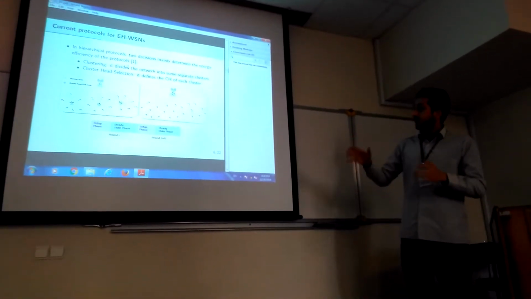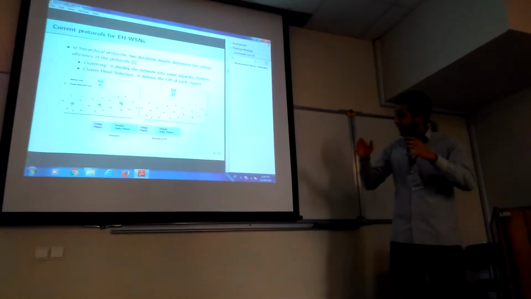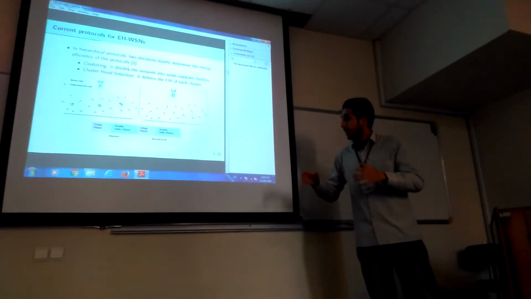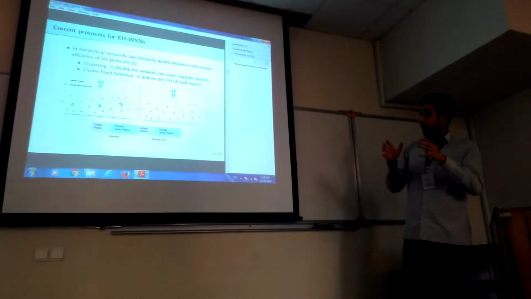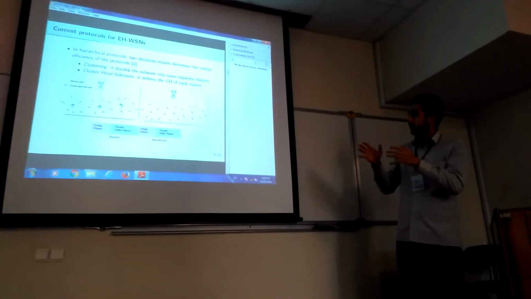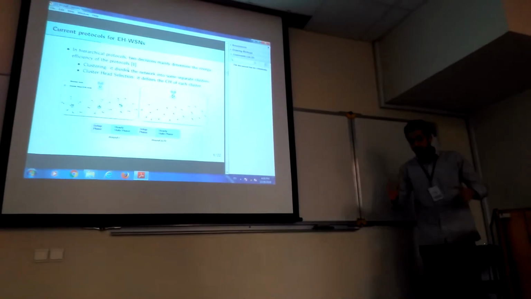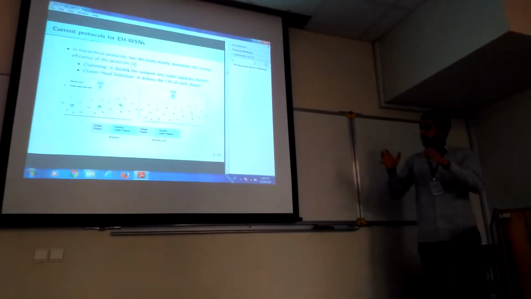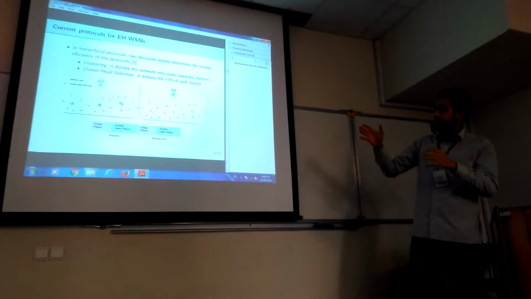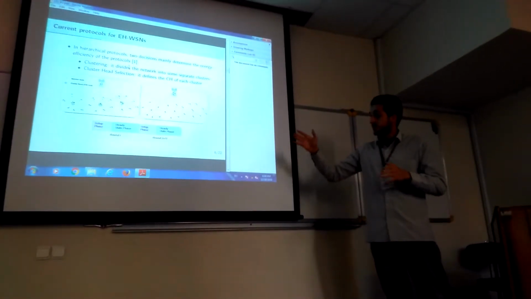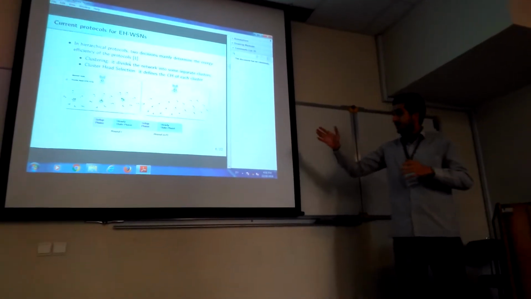And it is worth mentioning that the operation of hierarchical protocols is divided into some rounds. Each round consists of 2 parts: the setup phase, which is at the beginning of each round, and the steady state phase.